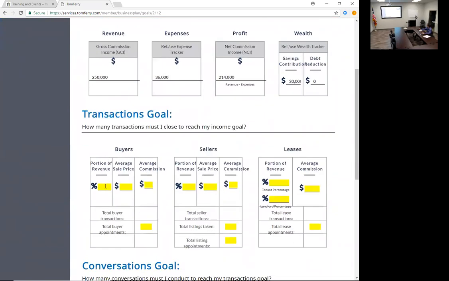Let's see. Buyers. Portion of my revenue. So I'm at about a 40-60. So 40% are buyers and 60% are sellers. The average sales price is about $450,000. Average commission is about $10,000.